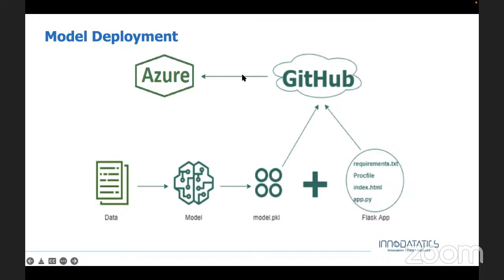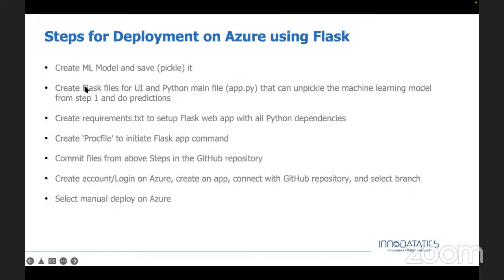And then from GitHub, you take it into Microsoft Azure and do the deployment. So create the ML model and save it. Create Python Flask files for the user interface and a Python main file, which is app.py. This can unpickle the model. Pickle means it will zip, kind of. Unpickle means it's going to unzip. And then use the model for predictions.